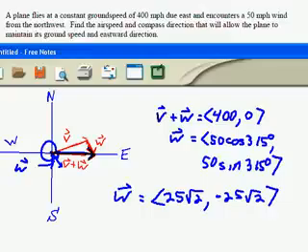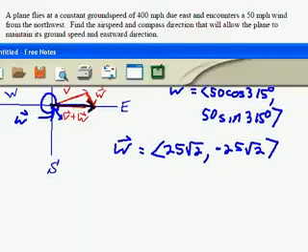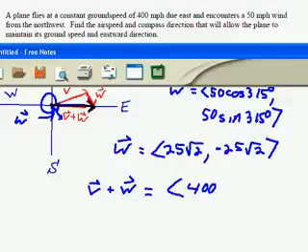Okay, well, we know then from the triangle law that V plus W is our resultant. I'm just repeating what I wrote. That's 400, 0.